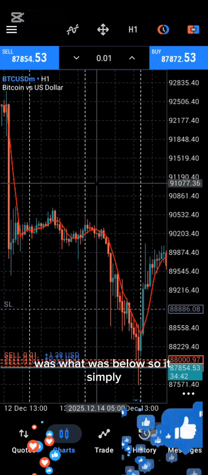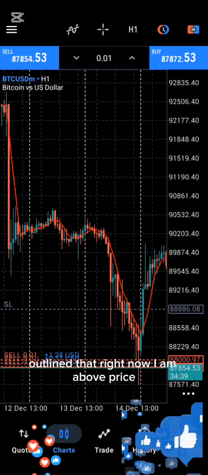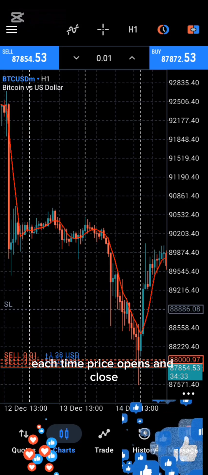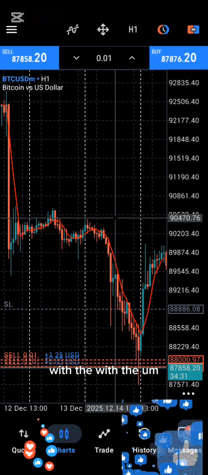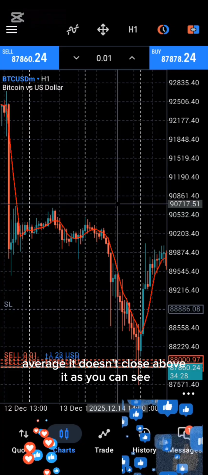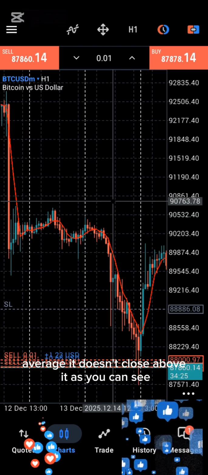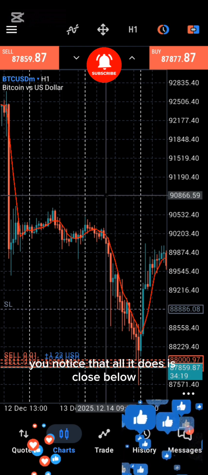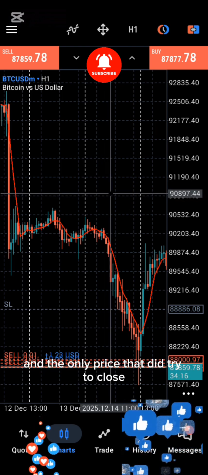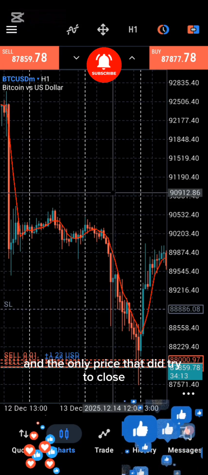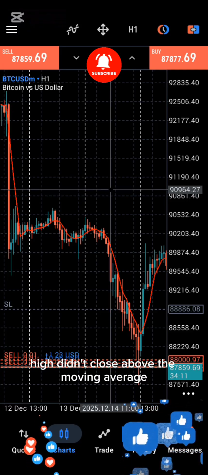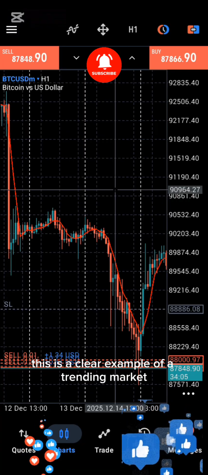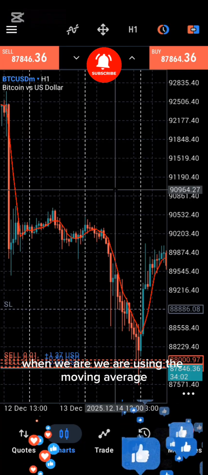So it simply outlined that right now the moving average is above price and we are in a downtrend, because each time price opens and closes in relation to the moving average, it doesn't close above it. As you can see, when price starts trading below the moving average here, all it does is close below, close below, close below, and the only price that did try to close higher didn't close above the moving average. This is a clear example of a trending market when we are using the moving average.